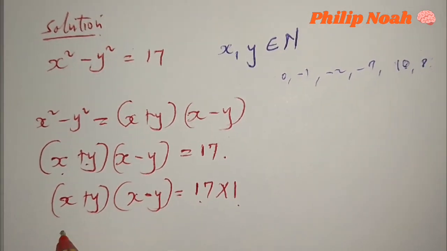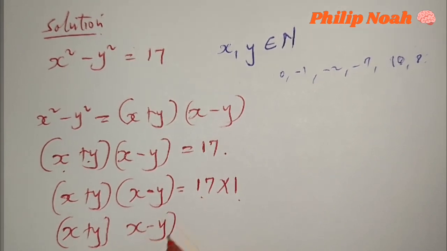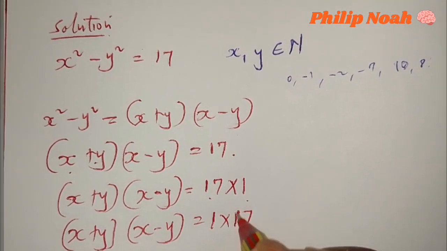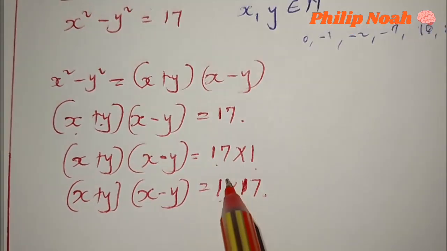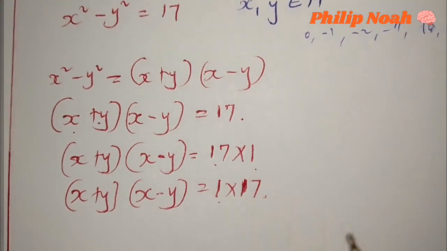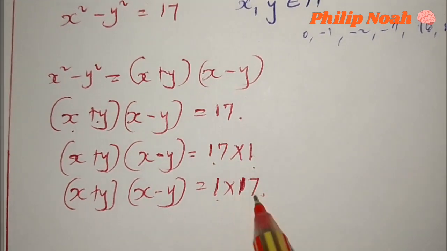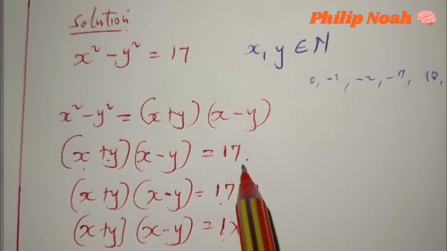And another one, (x plus y)(x minus y) is equal to 1 times 17. We have other ones, for example -17 times -1, you shall get 17.